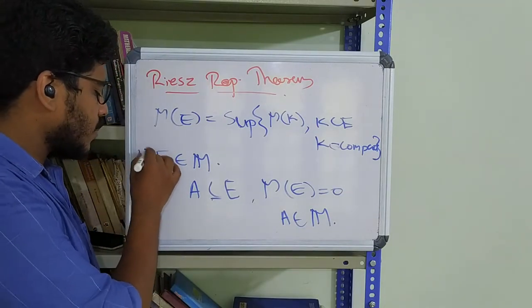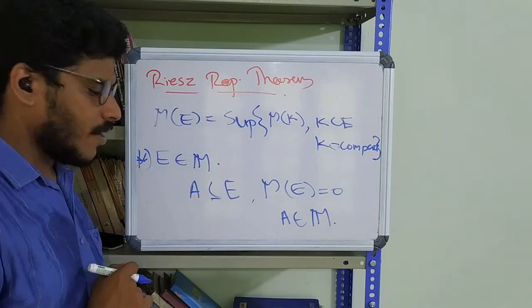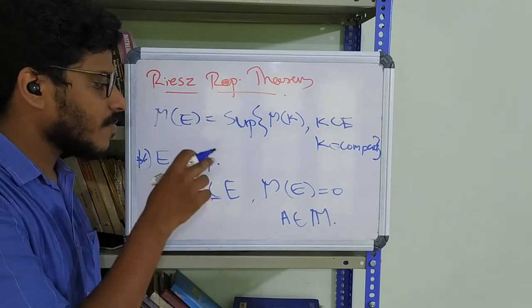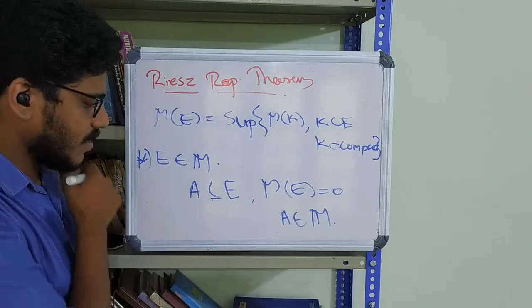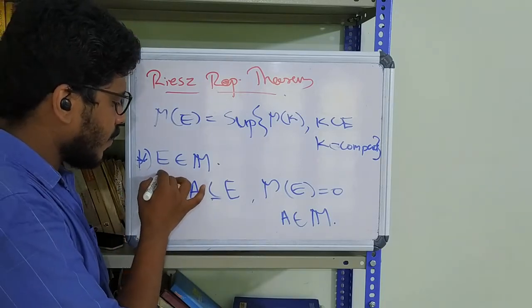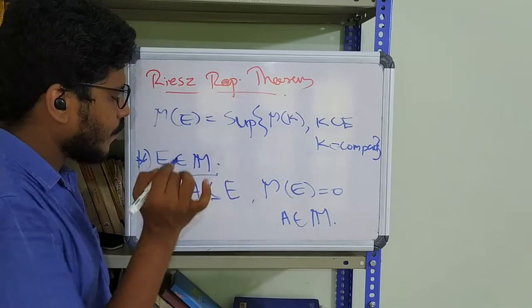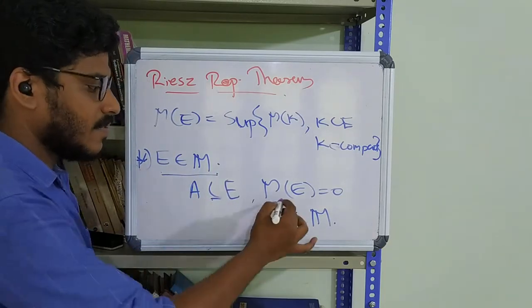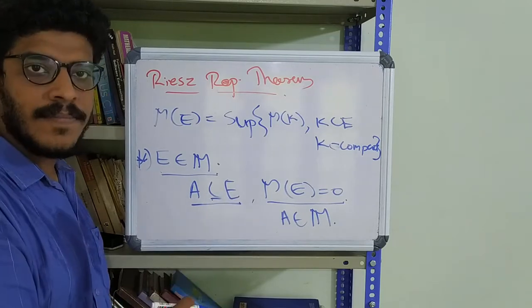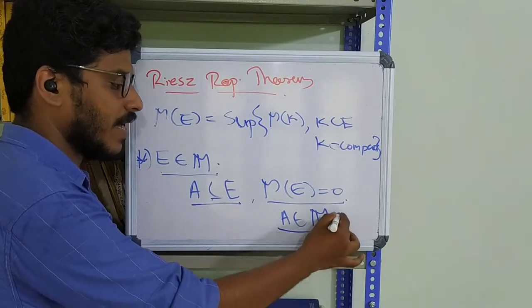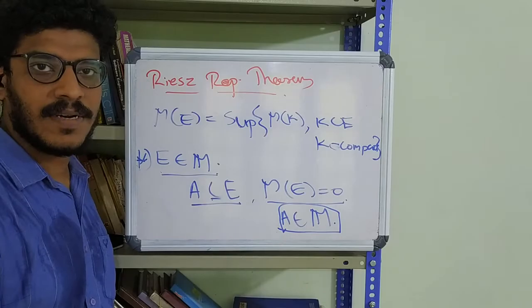This property talks about the subsets of sets of measure 0. E is a measurable set which has measure 0, and A is any subset of E, then A has to be a part of the sigma algebra.